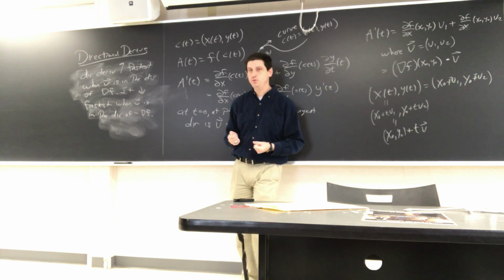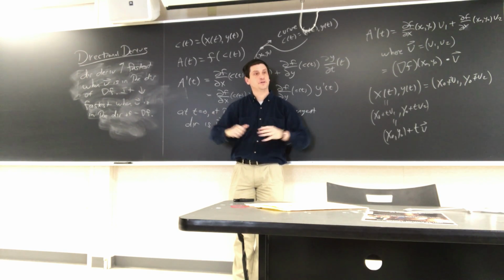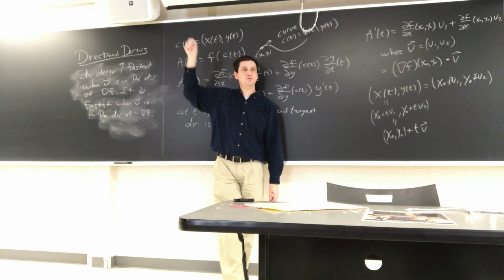What do you think would happen if you walk perpendicular to the gradient of f? I'm sorry? Your function is not changing. So this is where we get the tangent plane, or the tangent hyperplane. The gradient of f is pointing in the direction of maximum change.